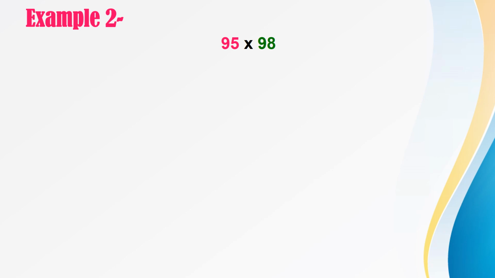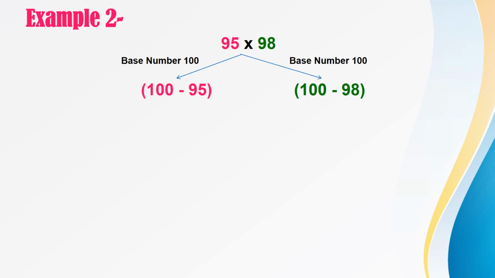Let's take another example to clear any confusions. Let's do 95 into 98. First, do 100 minus 95 and 100 minus 98. The two differences we get are 5 and 2.